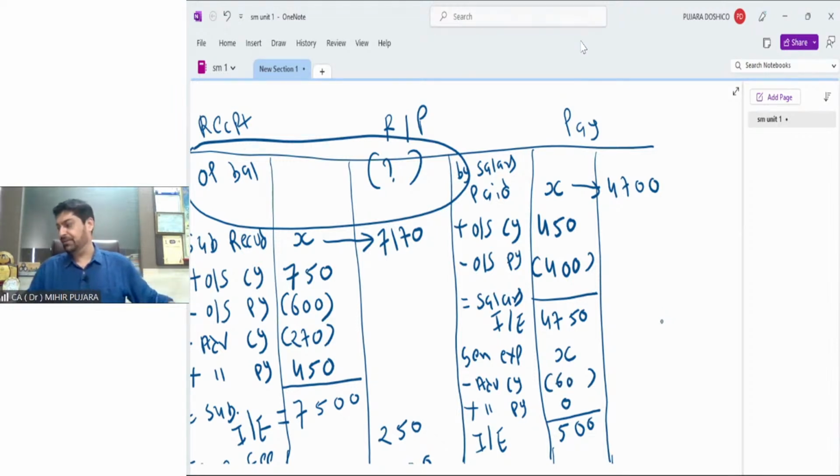Previous year amount is not given because only one adjustment is there. Yes, guys. What will be the amount of X?